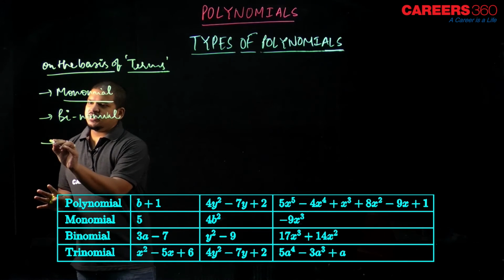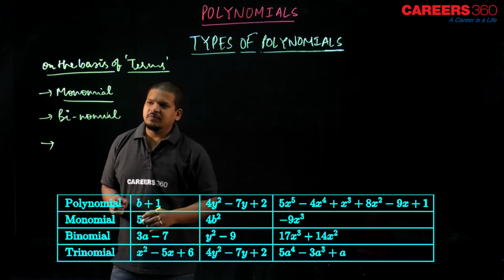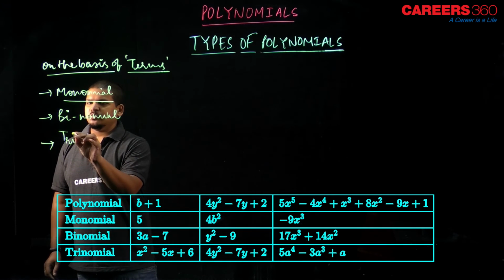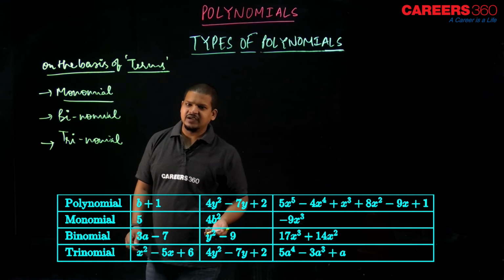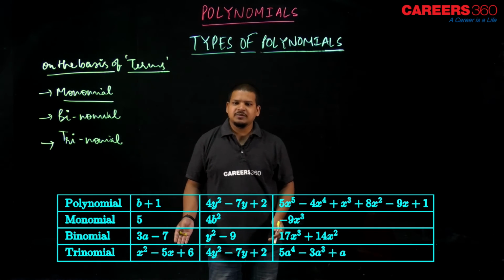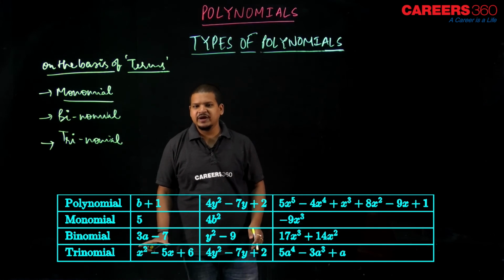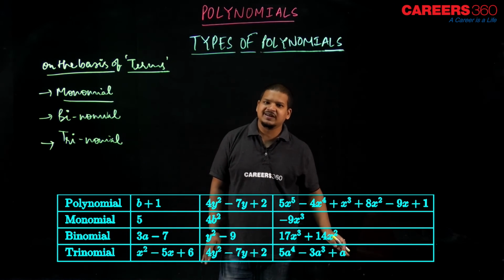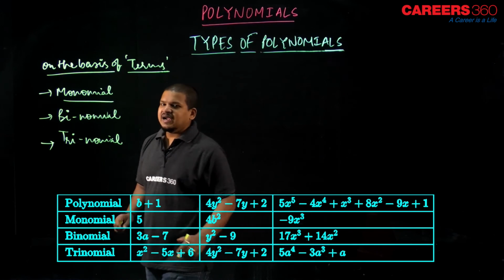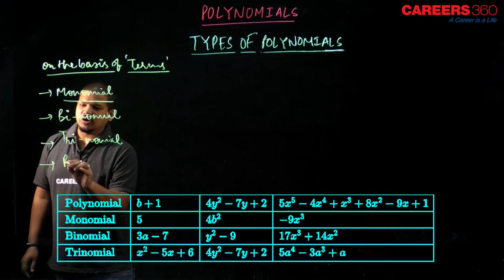Proceeding forward to trinomial. So trinomial will be what? Again you can anticipate, trinomial will have three terms. So x square minus 5x plus 6, this could be a trinomial. Obviously 5a to the power 4 minus 3a cube plus a, this also will be a trinomial, right? And the last one will come, that is polynomial.